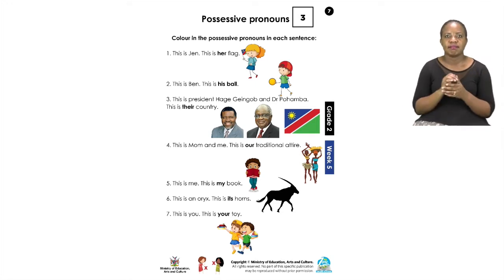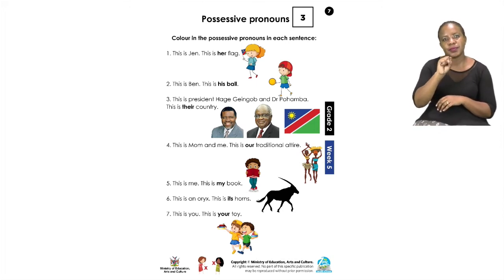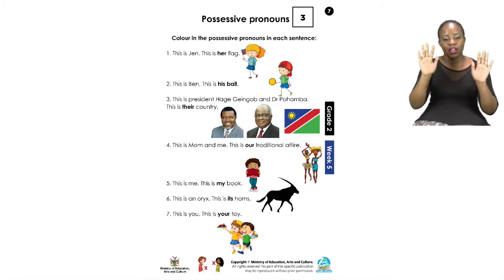In this case, our possessive pronoun is actually bolded, which means it is made clear for us. The possessive pronoun there, because there are 2 people there, is their. So you're going to circle the word their and then color it in. You are free to use different colors for the different possessive pronouns.